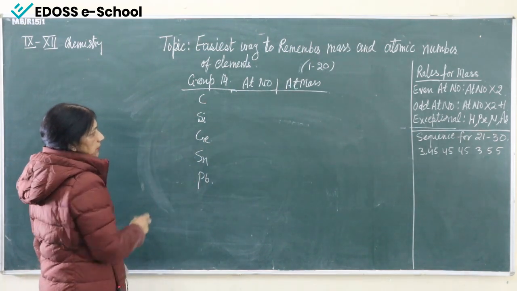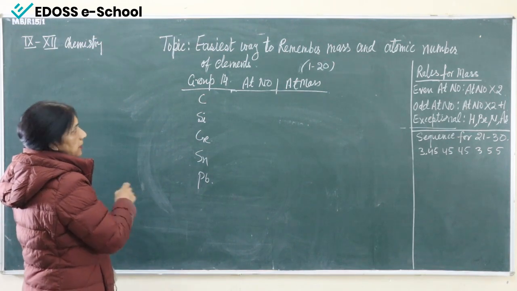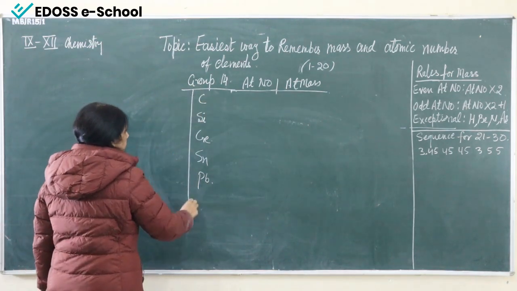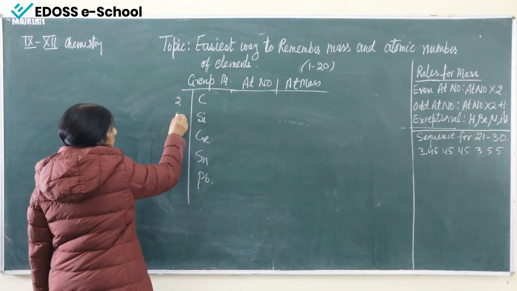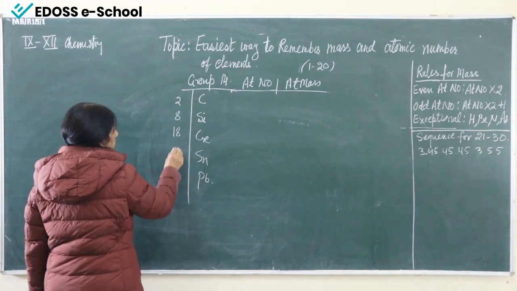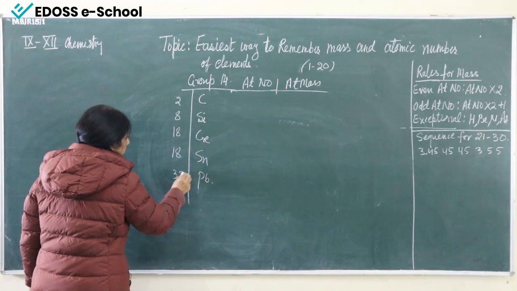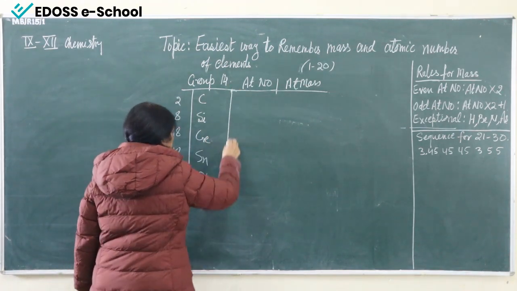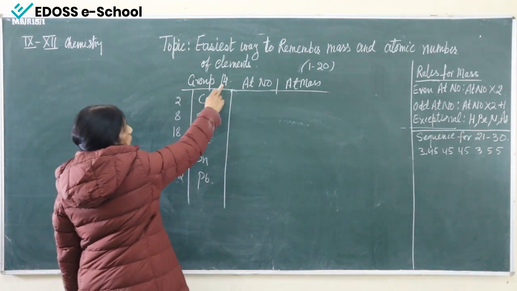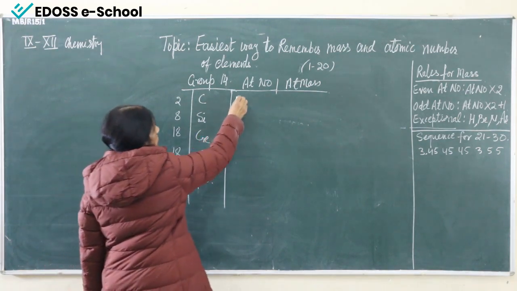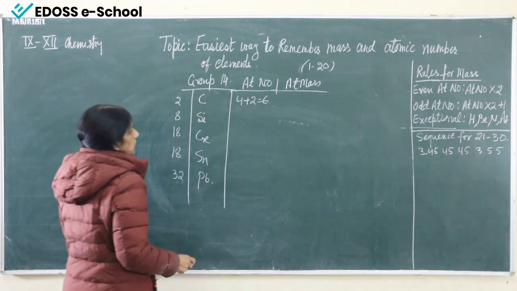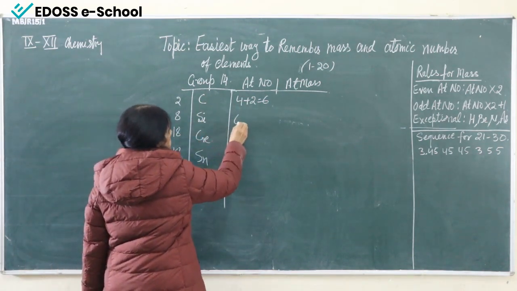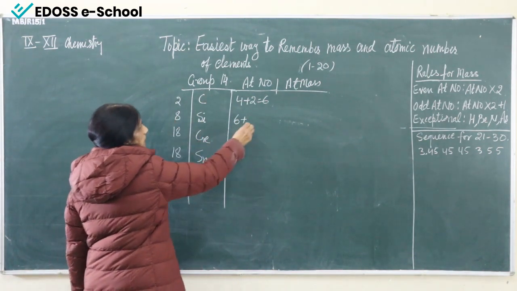Carbon, silicon, germanium, tin and lead. Same way, here we have to add 2, here 8, here 18, 18 and 32. So how will we find the atomic number? This is group 14, so for carbon we will take the group number and add 2. For silicon, 6 we will take and then add 8.